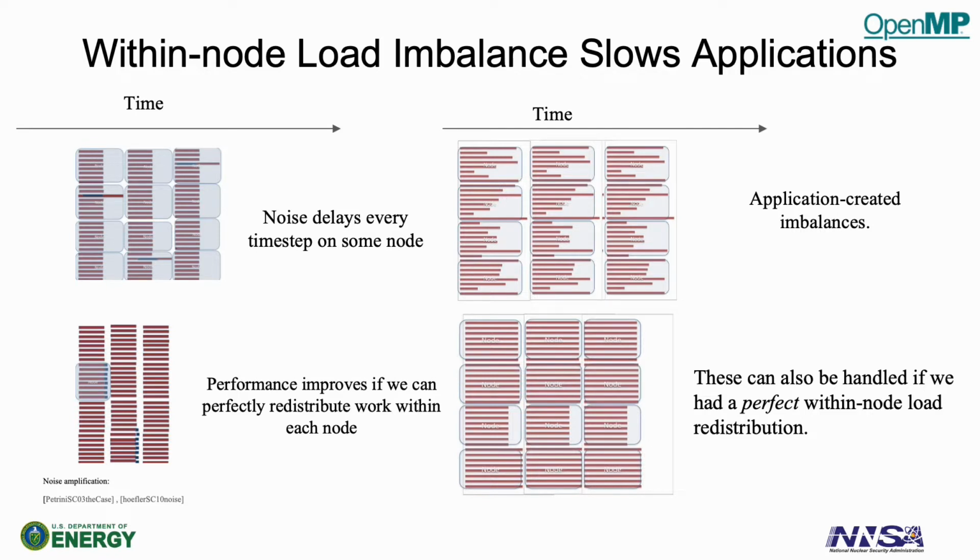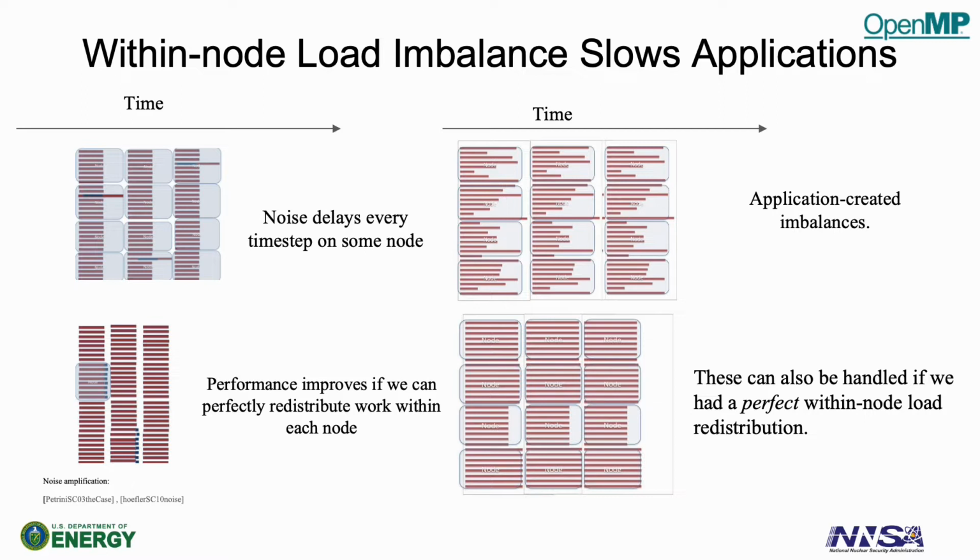If you consider an all reduce here, just one node gets perturbed, then everyone gets perturbed. Basically, it gets slowed down.